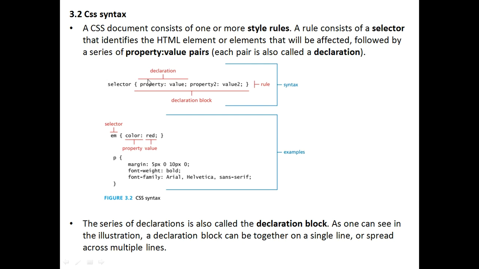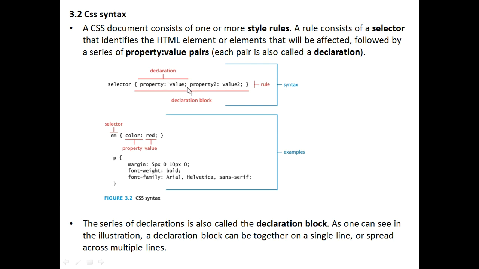Here: selector, bracket, property colon value semicolon, property two colon value semicolon, bracket completes. This is one way of writing the syntax of CSS. Here a property colon value we will consider as a declaration. Two declarations can be separated by a semicolon. That's very important. Two declarations are separated by a semicolon, not a colon.